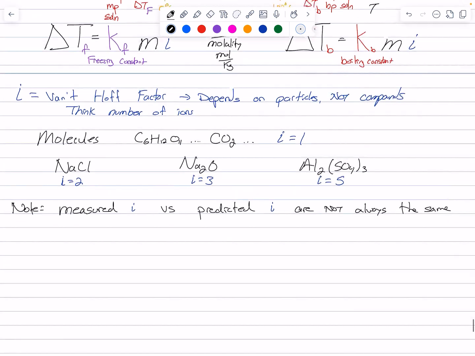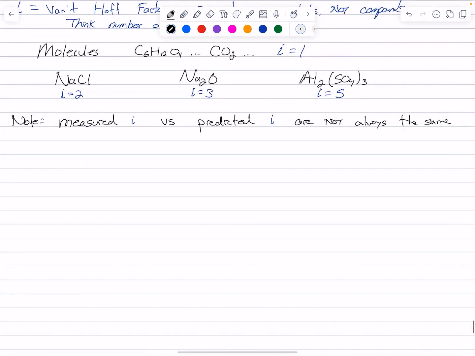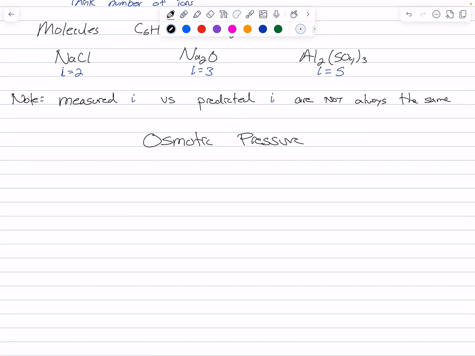All right, the next topic will be osmotic pressure. So with osmotic pressure, what is this? This is the pressure required to stop osmosis. All right. And what is this osmosis?